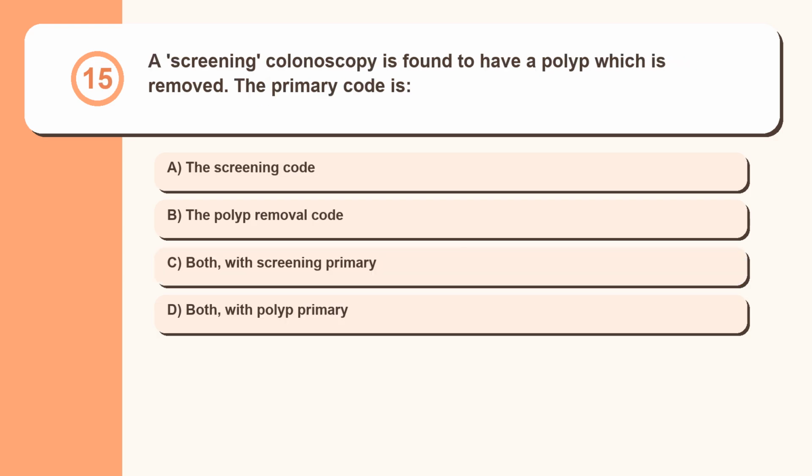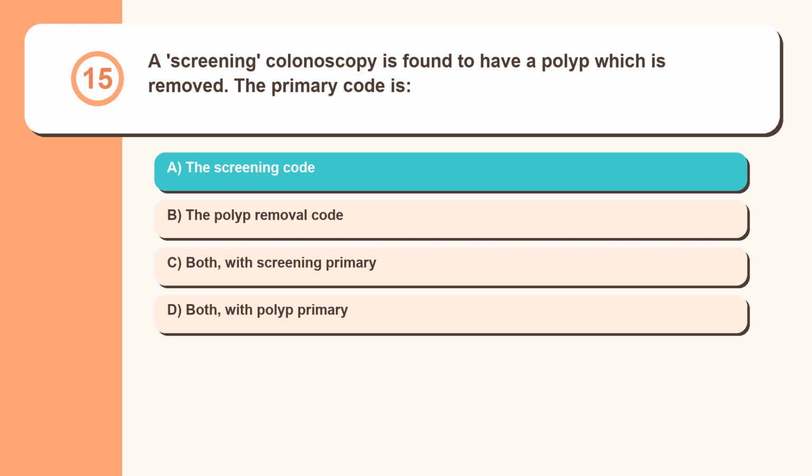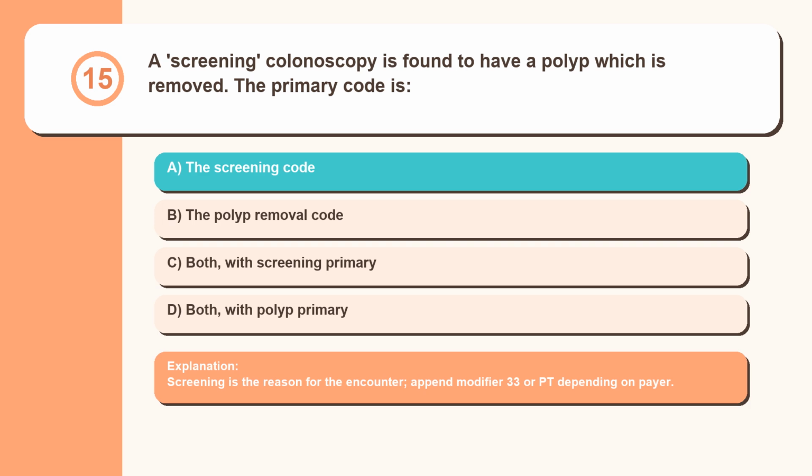Question 15. A screening colonoscopy is found to have a polyp which is removed. The primary code is: the screening code, the polyp removal code, both with screening primary, both with polyp primary. Screening is the reason for the encounter. Append modifier 33 or PT depending on payer.